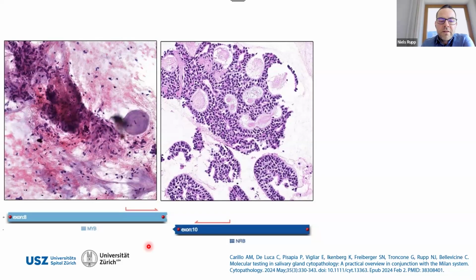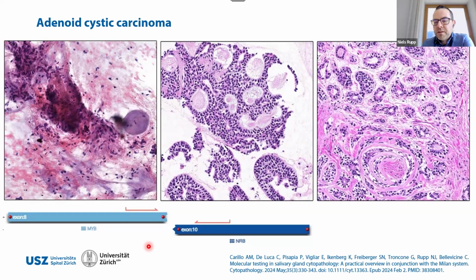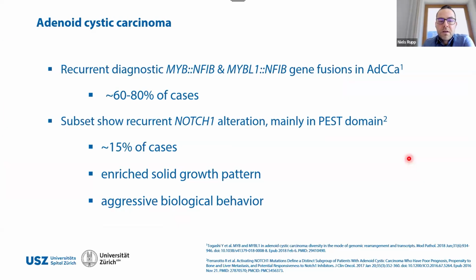Even in unusual variants, if you find this fusion in a salivary gland neoplasm, it is highly specific for an adenoid cystic carcinoma. And here's the resection specimen already showing perineural invasion. So MYB-NFIB or MYBL1-NFIB fusions are highly specific for adenoid cystic carcinoma, but certainly you always have to correlate these molecular findings with morphology and the immunohistochemical profile.